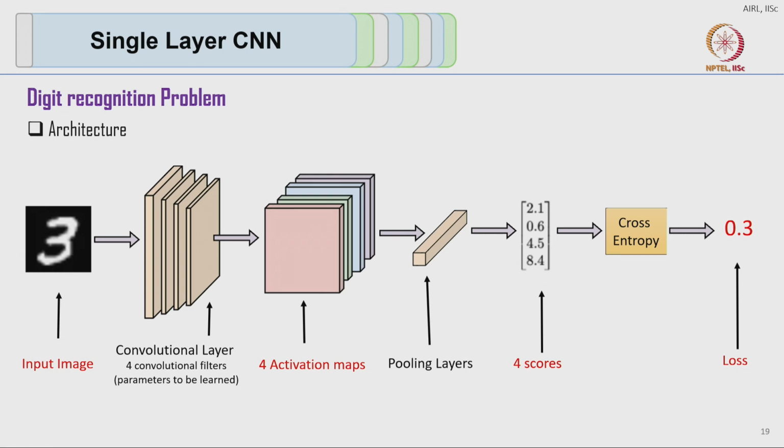Here with the maximum feature space, I am just saying that okay, here the digit looks like a 3 or what, right? So for example, I have only 4 digits 0, 1, 2, 3, right? In this case, what will happen? The last vector should be maximum when compared to the others. So if I get an output like 2.1, 0.6, 4.5 and 8.4, then what does it mean?